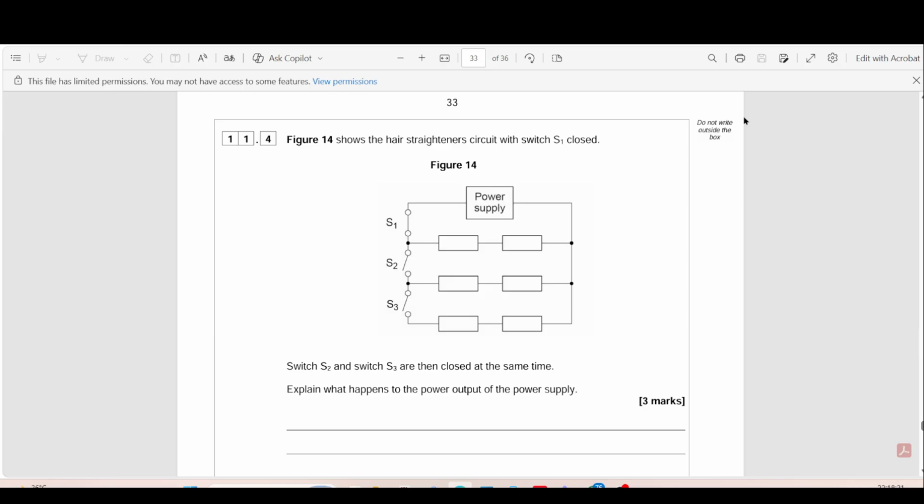So adding more branches means resistance is decreasing. If resistance decreases, the current will increase, which will increase the power output.